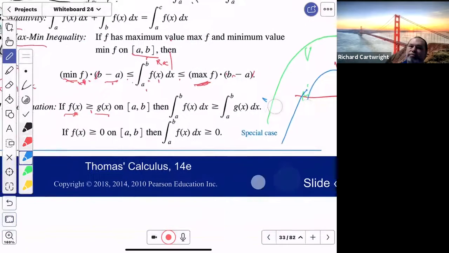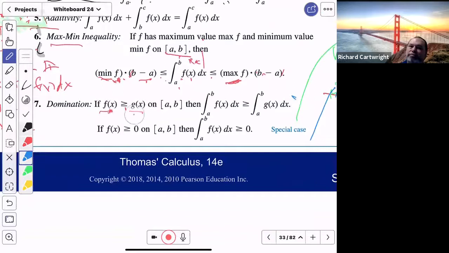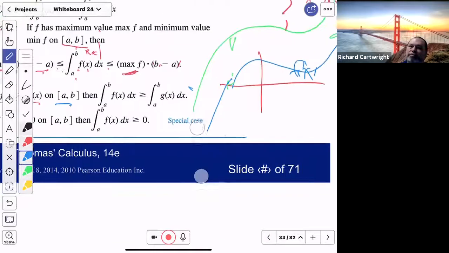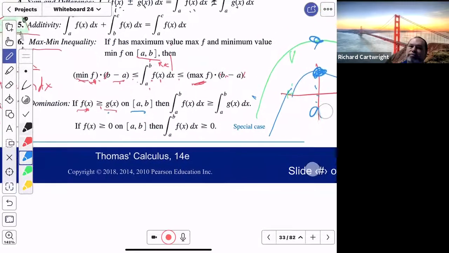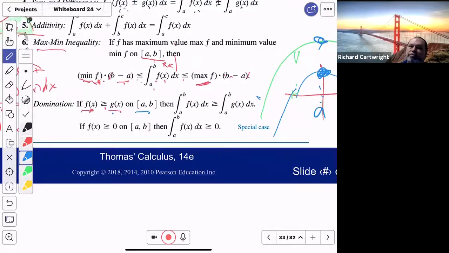Let's see. If f is greater than g on an interval, so let me cut my interval from a to b right here. Here's f of a, here's g of a, here's b, f of b and g of b. Then the integral from a to b of f has to be bigger than the integral from a to b of g.